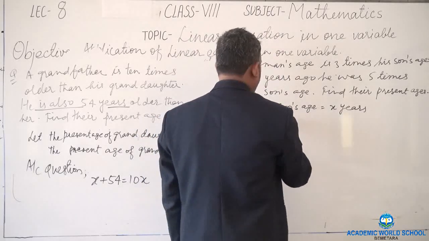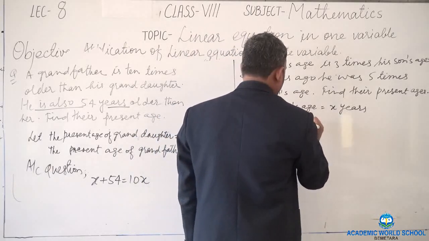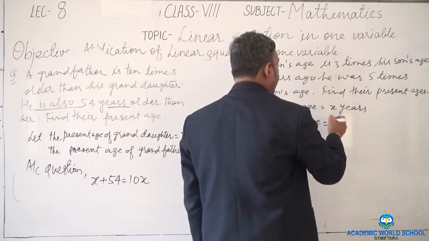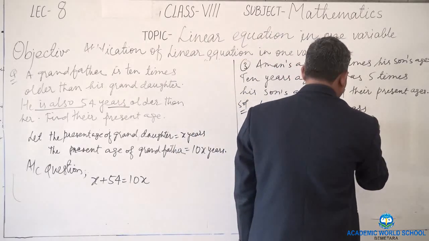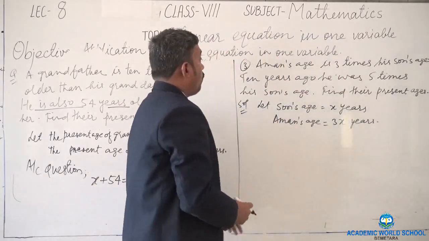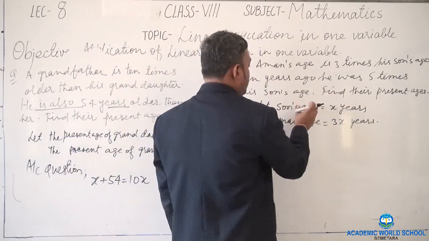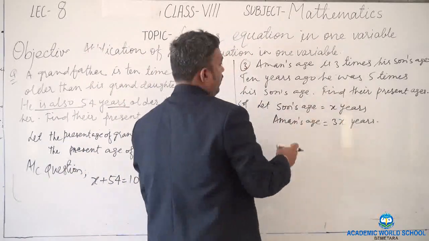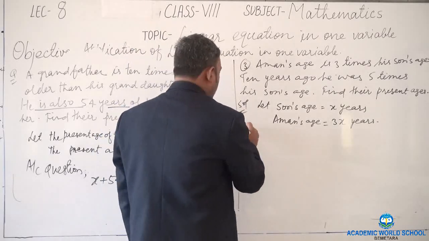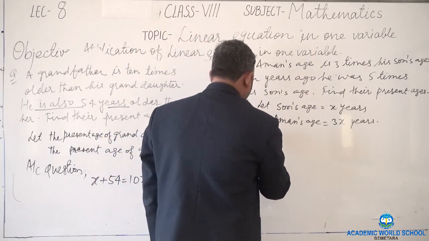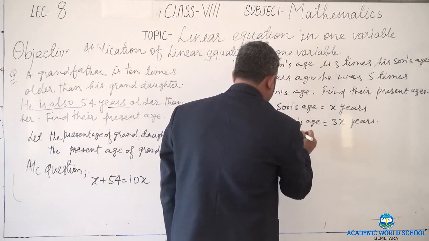So Aman's age will be equal to 3 times, so 3x years. Now 10 years ago, so we will find the ages of the son and Aman.